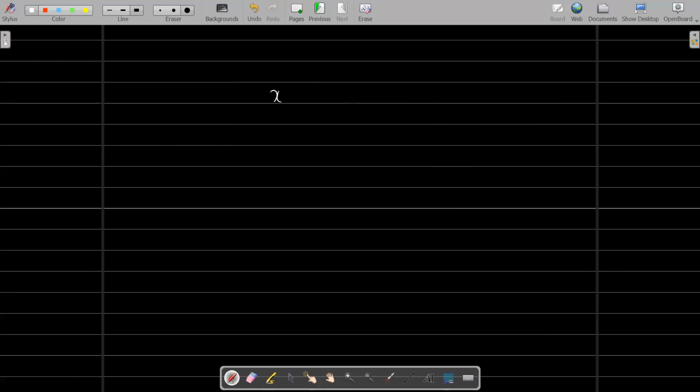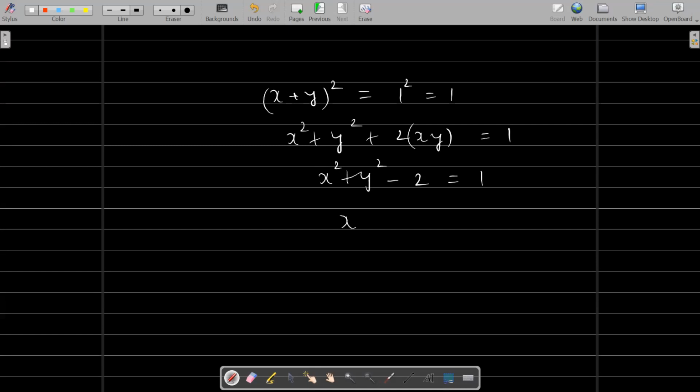So once again, (x plus y) squared is 1. But (x plus y) squared is x square plus y square plus 2xy, and I know what 2xy is. So x square plus y square minus 2 is 1. So x square plus y square is 3.